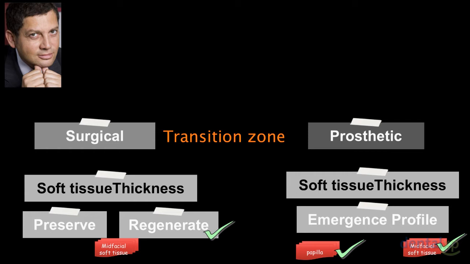Or if we have a collapse of soft tissue, or a recession on the midfacial, we can still correct it interproximally for the papilla, but also midfacially with a prosthetic scaffold, which will recreate the soft tissue in the transition zone with the help of a good anatomy, but also when we have lack of interproximal bone.